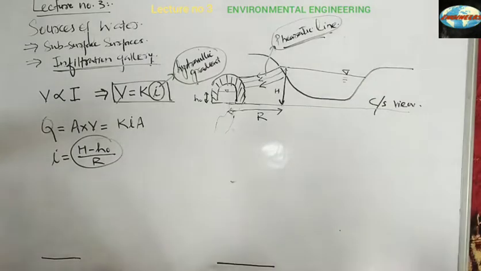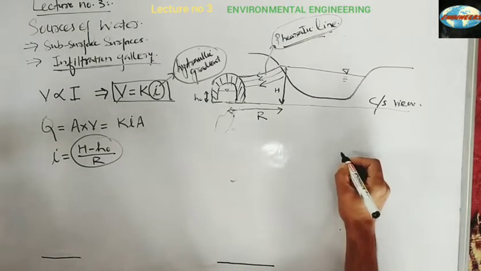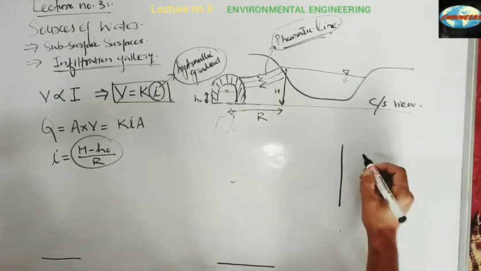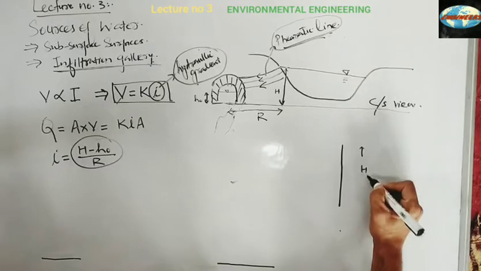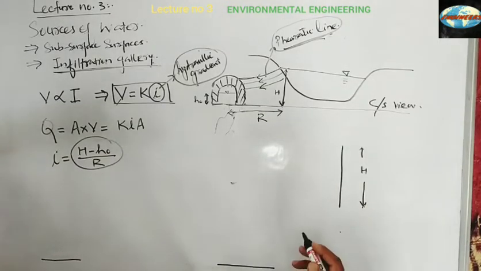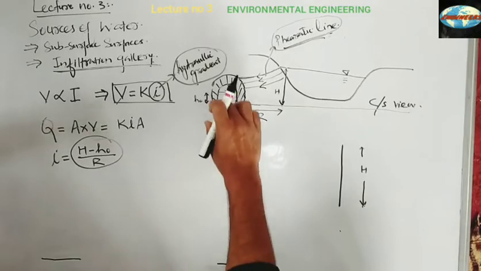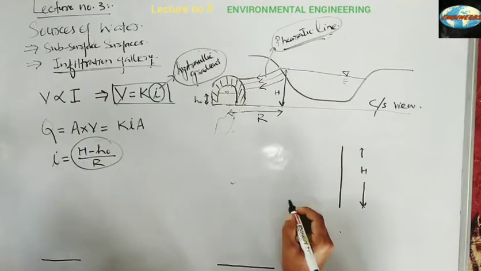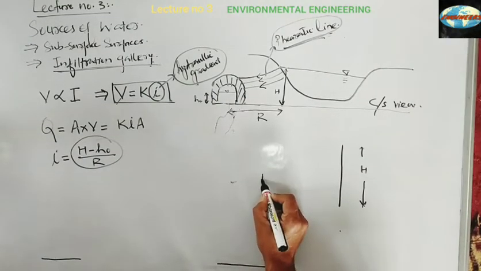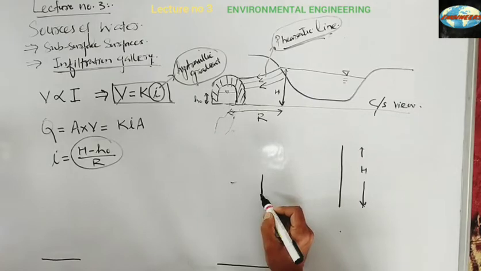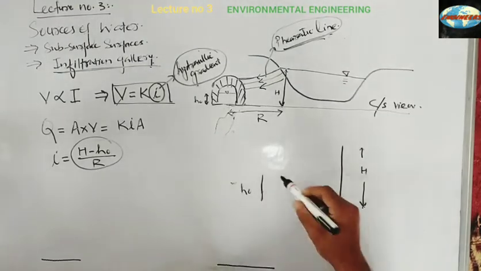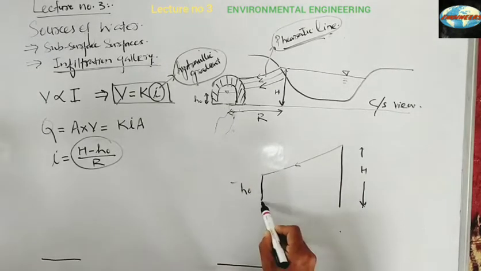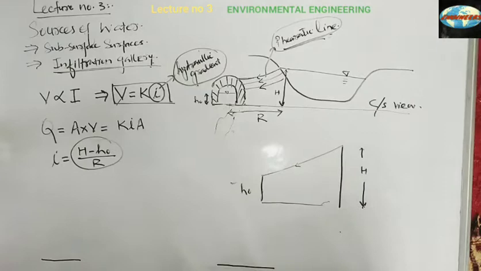So if I draw a line over here which represents the height of water in the river, that is capital H, and I draw the level of water inside our infiltration gallery, and the height of water is small h naught, and let this be the phreatic line, the topmost flow line through which flow is occurring, and obviously there can be a lot of phreatic lines.